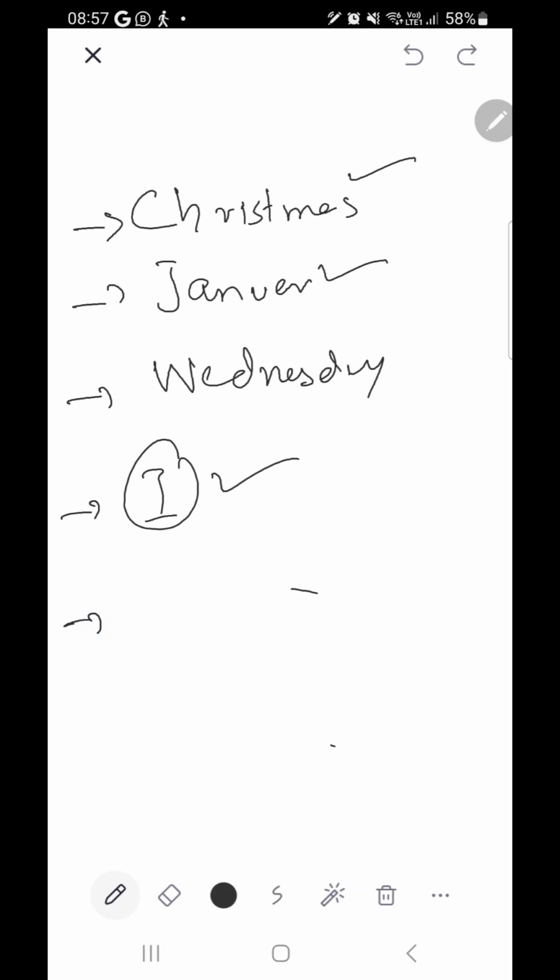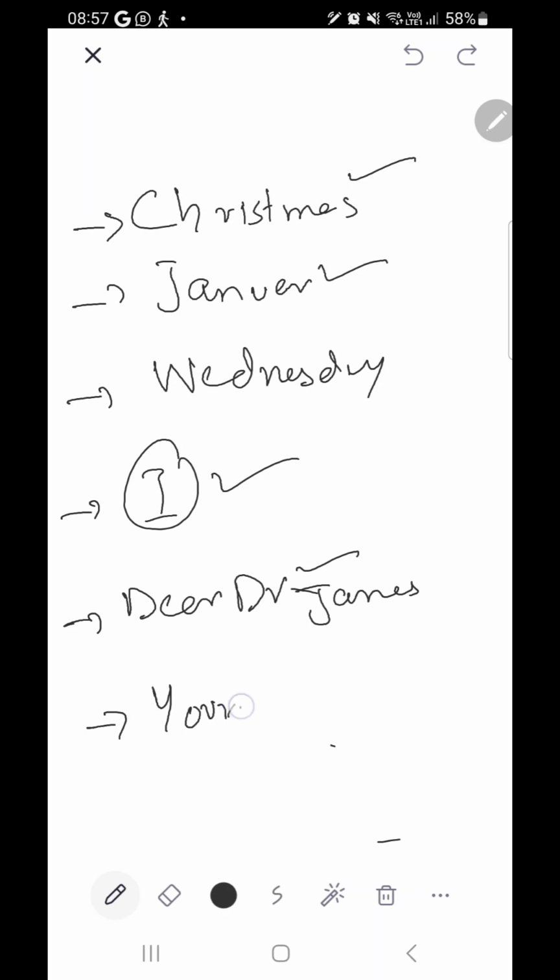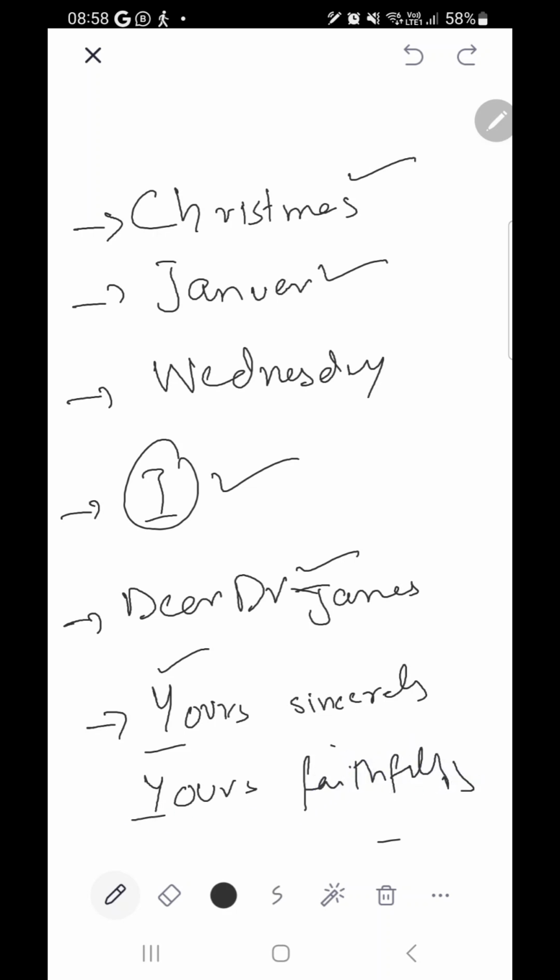And the first word of the salutation should be capital, such as Dear Doctor James, let's say, J is capital. And Yours sincerely, Y is capital, right? Or Yours faithfully in some cases, Y is capital.